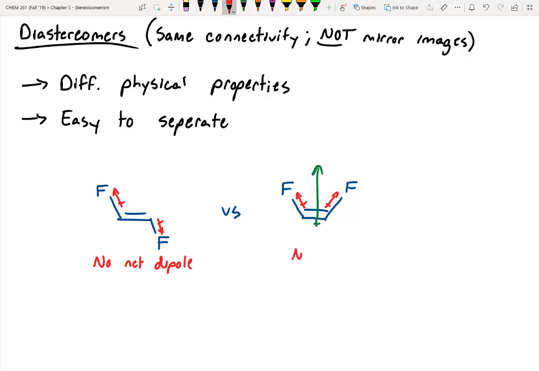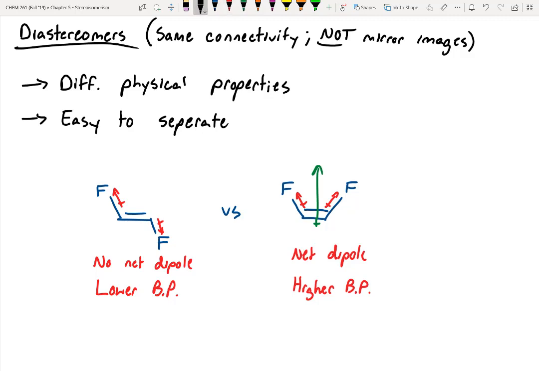So this one has a net dipole. Which one will have the higher boiling point then? The one on the right. So it makes sense, right? Diastereomers might have different dipoles, therefore we can separate them based on the difference in dipoles. So we can use that to our advantage.